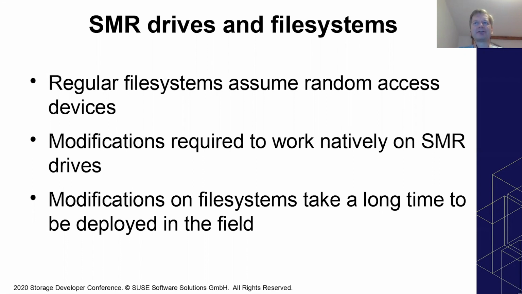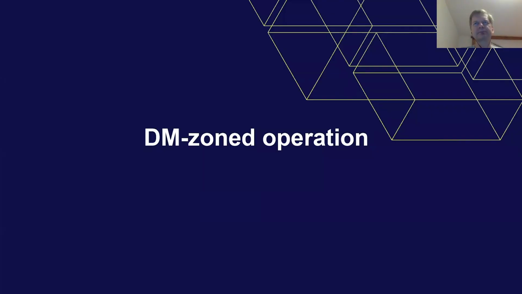These modifications take a long time to be deployed in the field, as file systems tend to be one of the most persistent types you can find in an operating system. So, to ease this, Western Digital developed a device mapper module called dm-zoned.